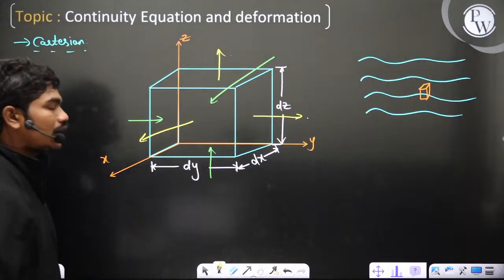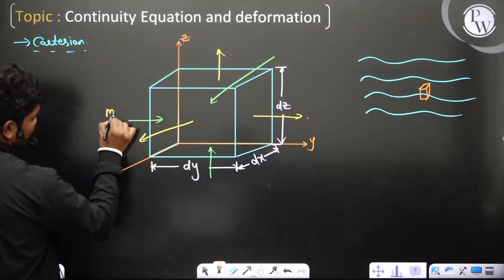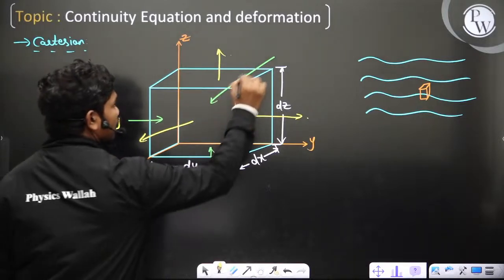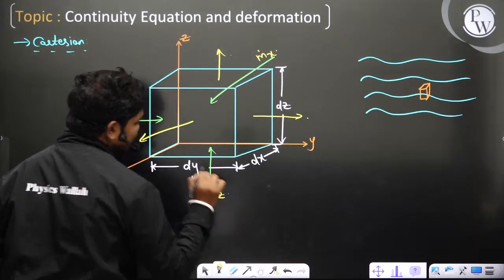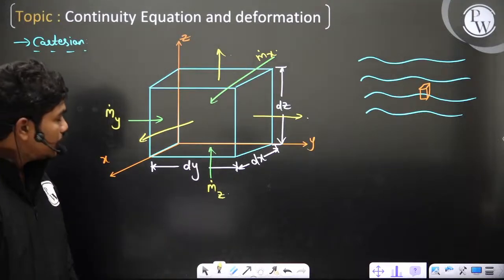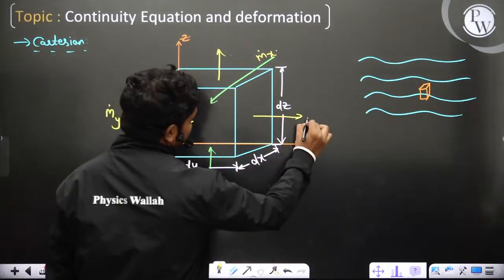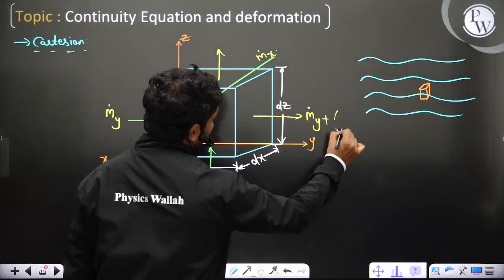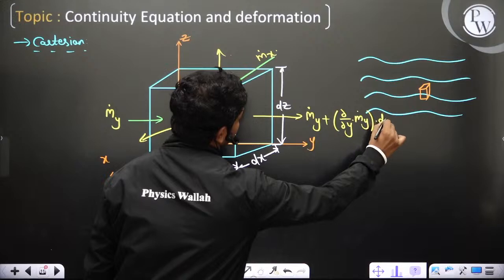Then let us define the mass flow rates: m dot y in this direction, m dot x which is coming in this direction and m dot z which is going in this direction. Now you can understand one thing. If this is m dot y, then over a gap of dy, this will be m dot y plus dou by dou y times m dot y into dy.